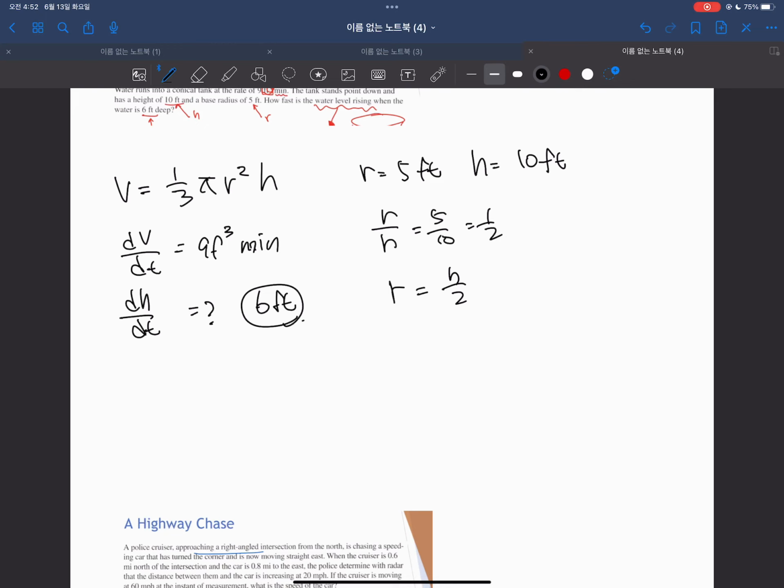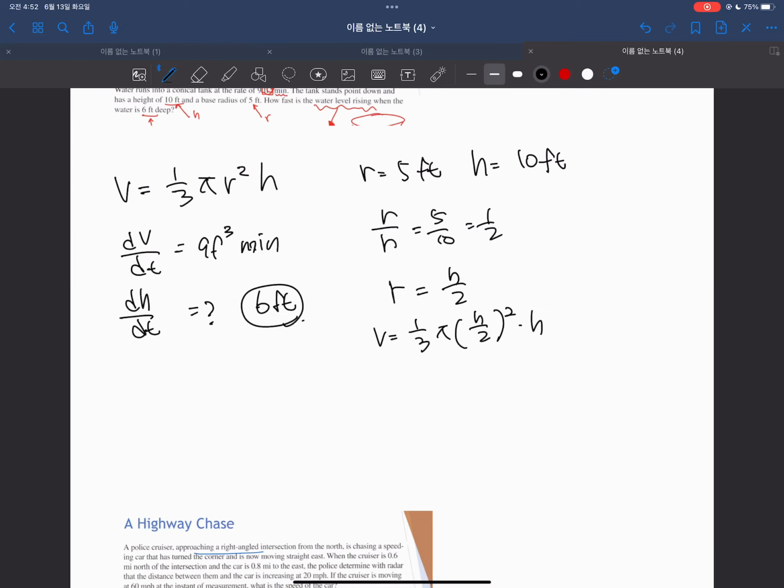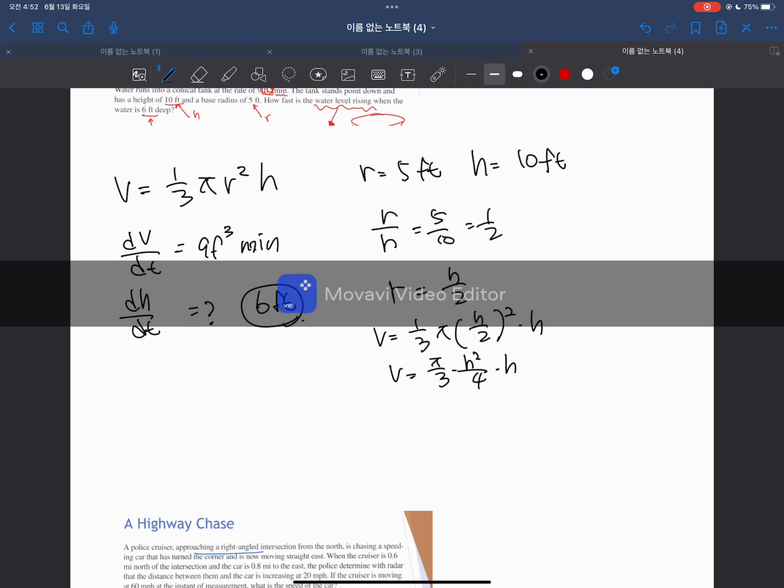Then when we substitute this into the volume equation, we get V is equal to 1/3 pi times (h over 2) squared times h. When we simplify this, we get V equals pi over 3 times h squared over 4 times h, which is pi over 12 h cubed.